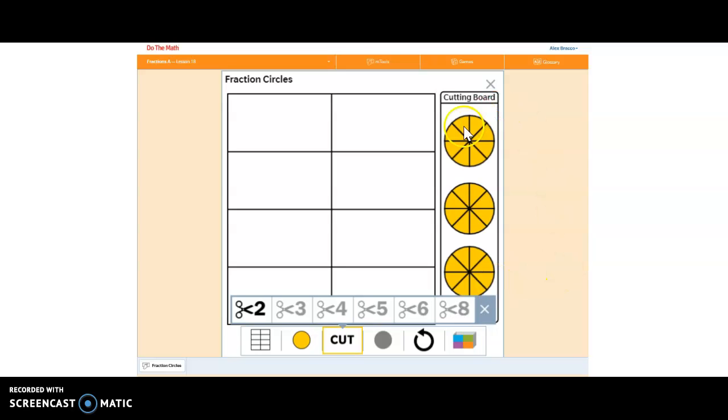And from there, we all know that 1 piece represents 1/8 from our first problem we did. So now we're just going to evenly distribute our cookie pieces into the 8 boxes.